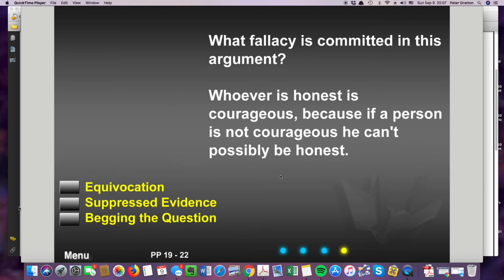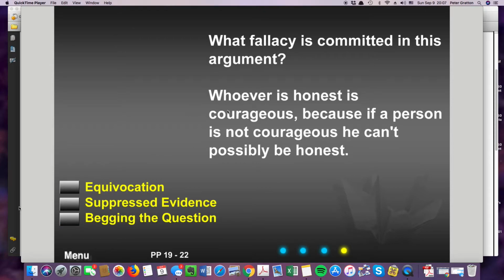Which fallacy is this? Whoever is honest is courageous, because if a person is not courageous, he can't possibly be honest. It would seem to be begging the question. We don't have suppressed evidence. We don't seem to have any equivocation because there's no trading on different meanings of terms. It just begs the question.